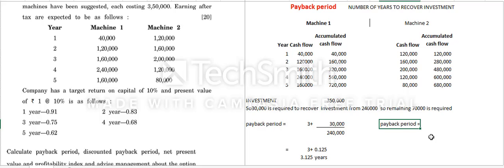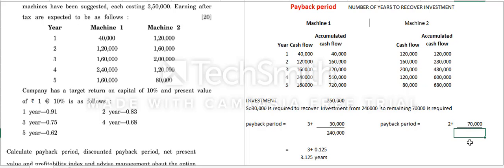Again the formula for payback period is 2 plus years, because they are taking at least 2 years. So 2 plus years, and what is the balance amount which is needed? 70,000. 3,50,000 minus 2,80,000 is 70,000. And from where are they going to recover the 70,000? From the third year cash flow.